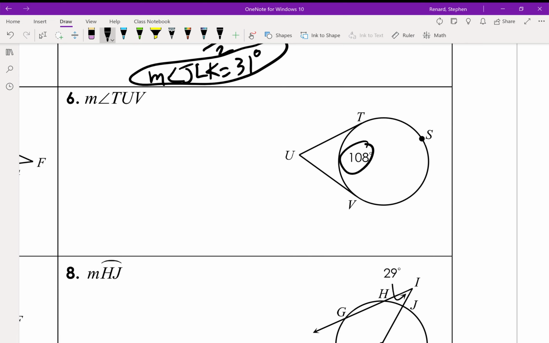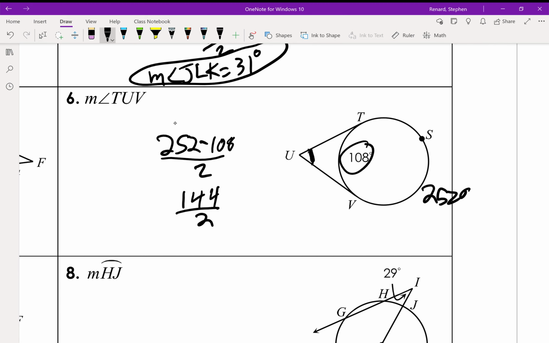So if this is 108 right here, then the rest of it is going to be 360 minus 108, which is 252 degrees. So the measure of TUV, this angle right here, is going to be this big arc, 252, minus the smaller arc, 108, and we take that average. 252 minus 108 is 144. Divide that by 2, and we get 72 degrees.